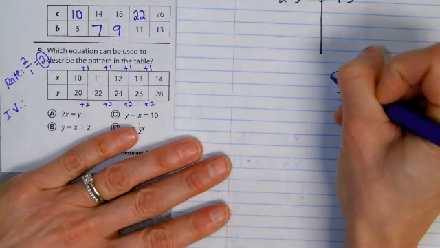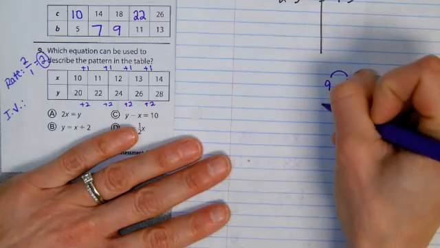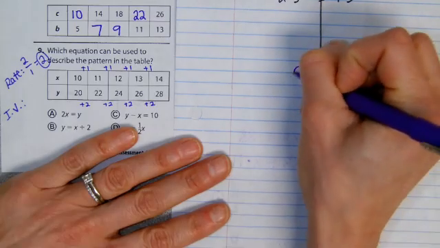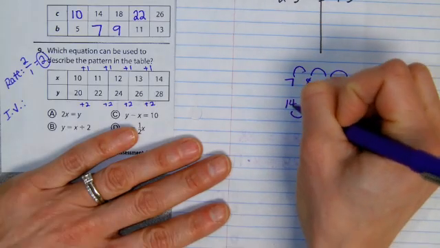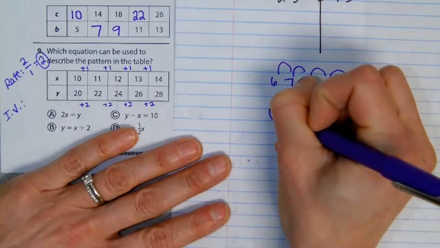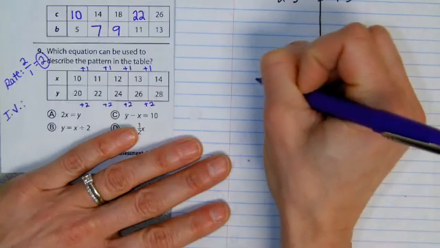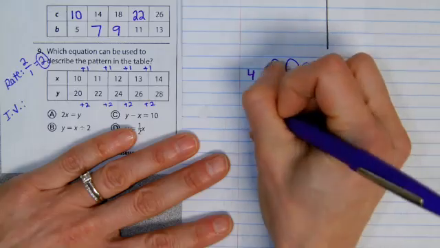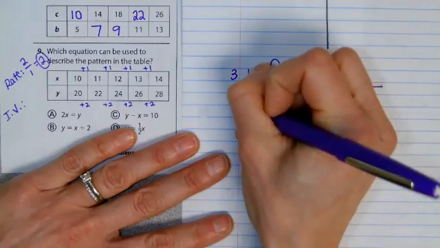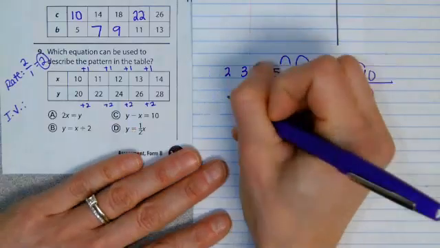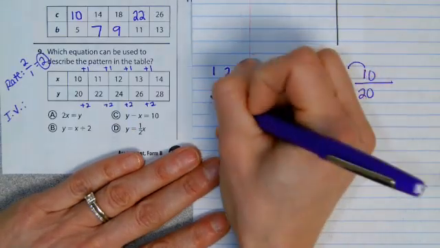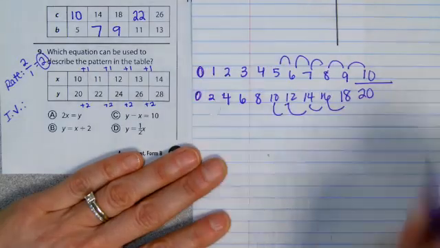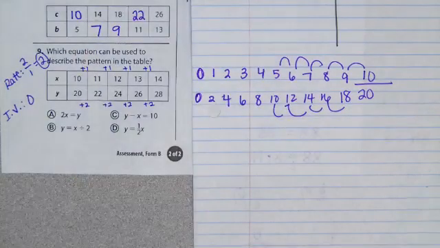If I work backward, 9, remember we're going down by 2, would be 18. 8 would be 16. 7 would be 14. 6 would be 12. 5 would be 10. 4 would be 8. 3 would be 6. 2 would be 4. 1 would be 2. And 0, where we finally needed, would in fact be 0. So our initial value is 0.